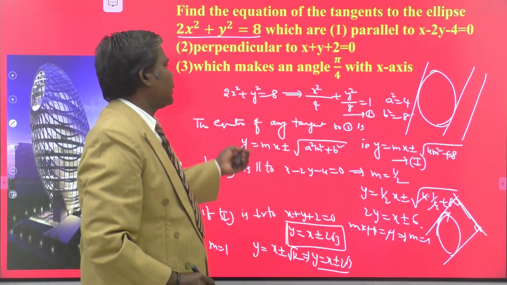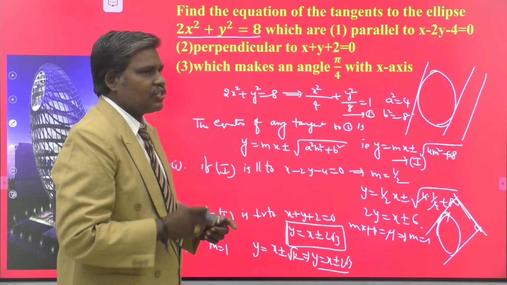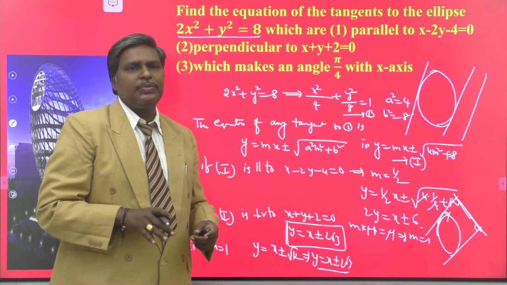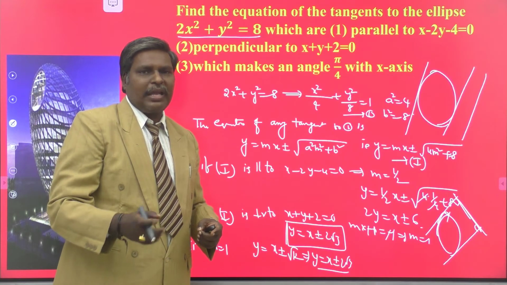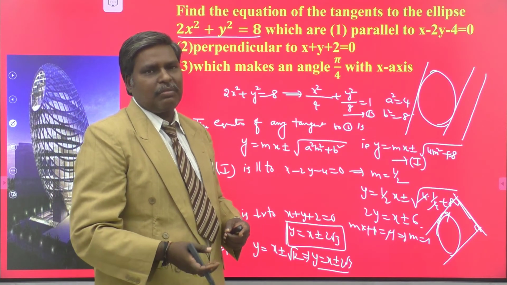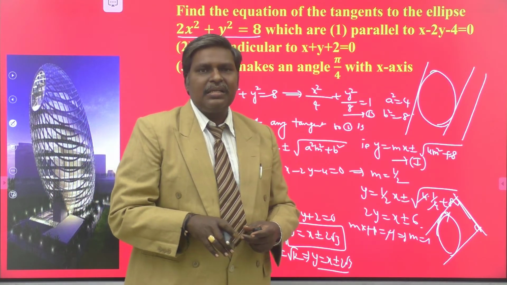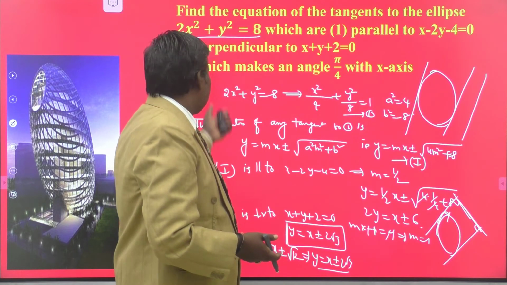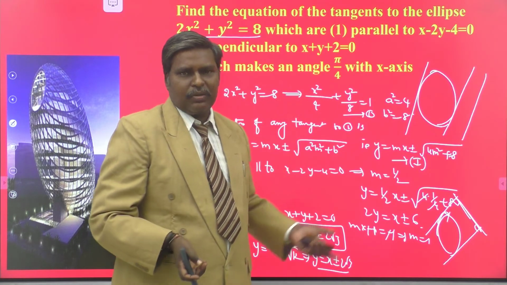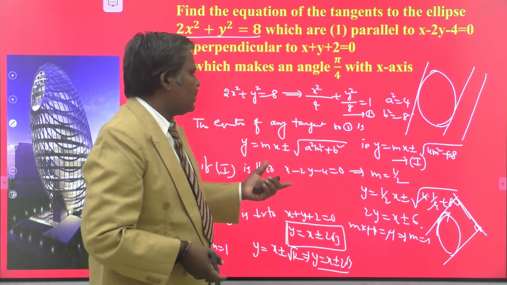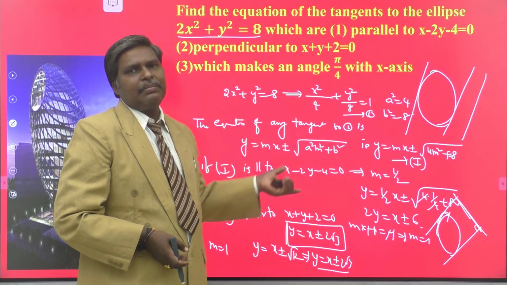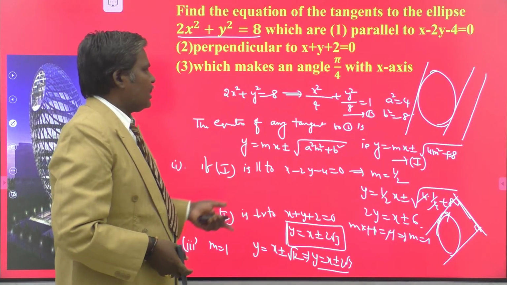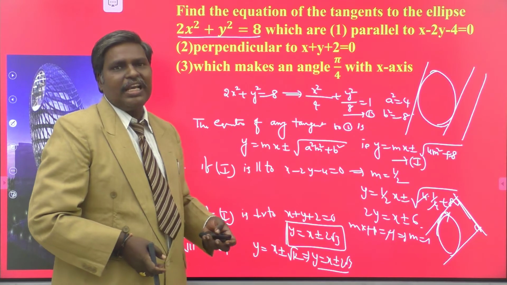So in this manner, we can write the equation of a tangent to the ellipse which is parallel to some line, or perpendicular to some line, or that makes an angle something, that may be pi by 4 or pi by 3, whatever it may be. Write the general tangent, find the corresponding m, and we can easily write the equations of tangents to the ellipse.